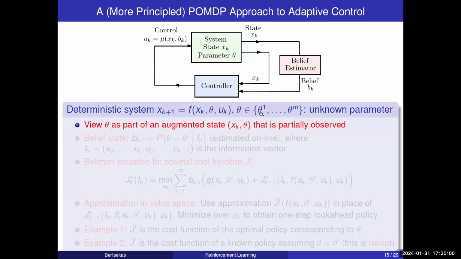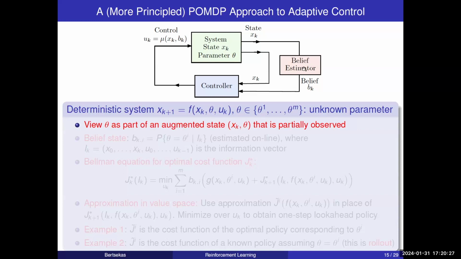For simplicity, I assume that theta can take m possible values, which are known. You know the values, but you don't know which one is in effect at any given time. And you look at the state of the system, xk, and that tells you about which theta happens to be active at the present time.